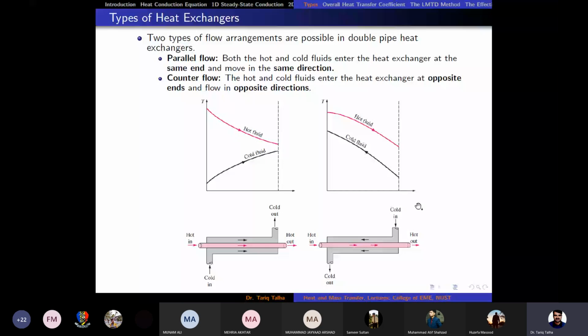So in the counterflow graph, the temperature difference remains almost equal over the entire length, but for the parallel flow, the temperature difference decreases rapidly. Yes. Any question?